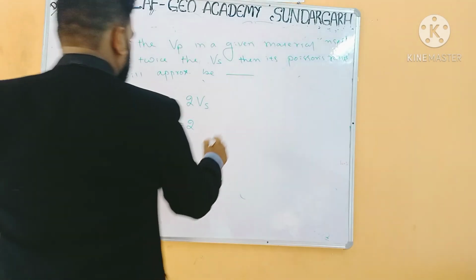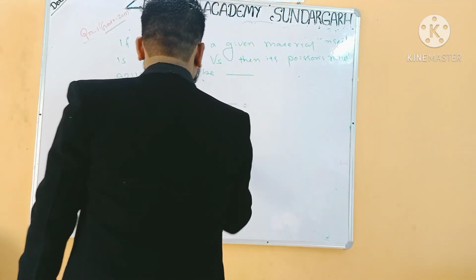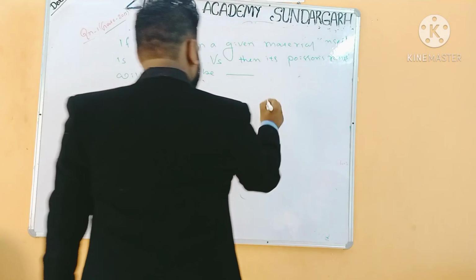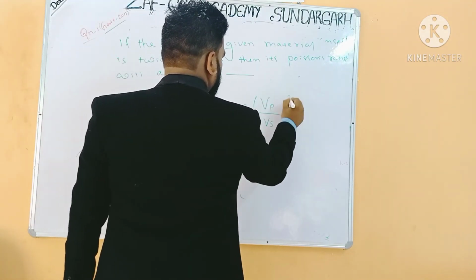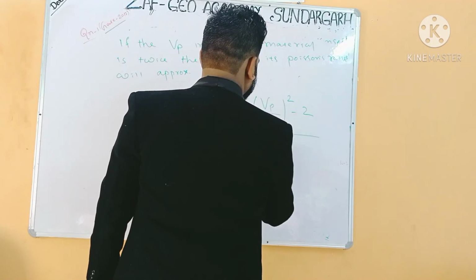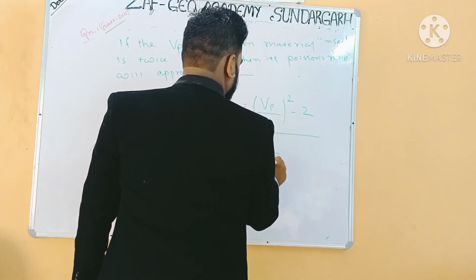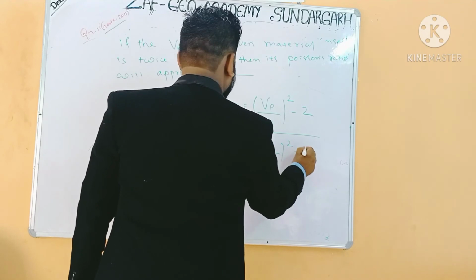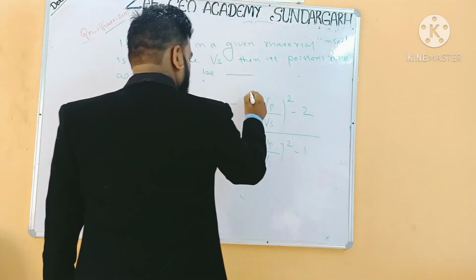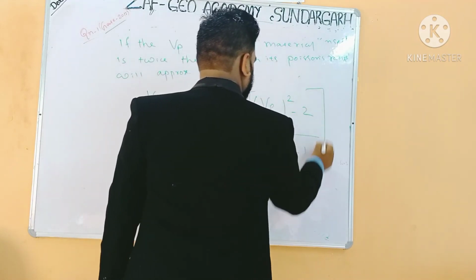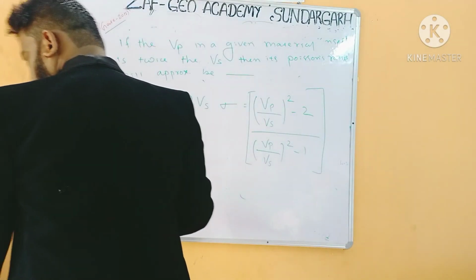You know the formula of Poisson's ratio: half of (Vp by Vs whole square minus 2) divided by (Vp by Vs whole square minus 1). This is the formula for sigma, Poisson's ratio.